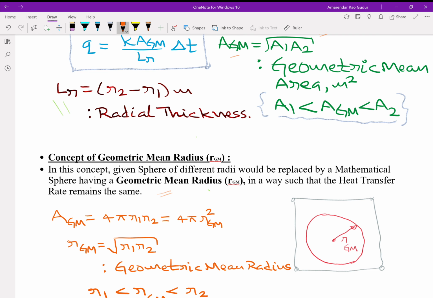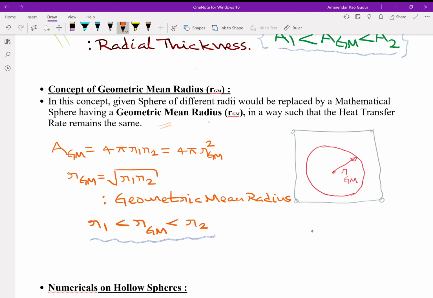And by a simple logic we can show that the geometric mean radius is square root of R1 R2, that is geometric mean of R1 and R2. And we can show that RGM will lie between R1 and R2. So in some analysis we find that RGM and AGM concepts will be more convenient.